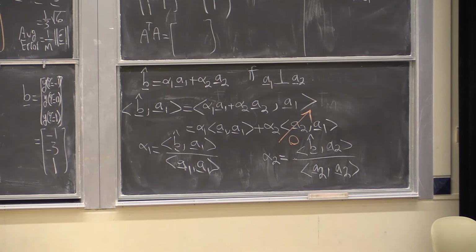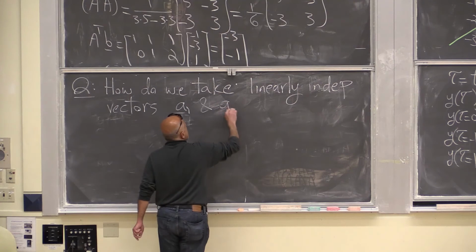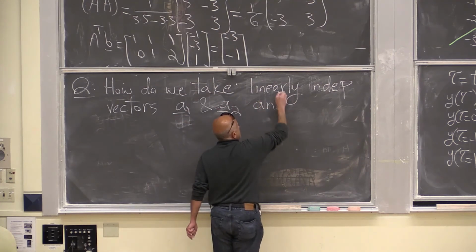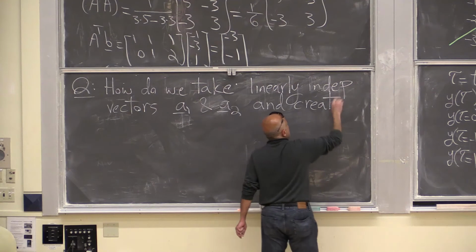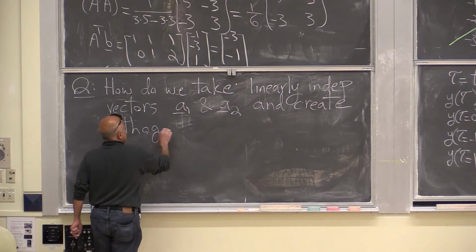So how do we do this orthogonalization? This is our question then. How do we take linearly independent vectors, and I'm going to do this for 2 vectors, and we can expand it to more than 2 vectors later, A1 and A2, and create orthogonal vectors out of them?